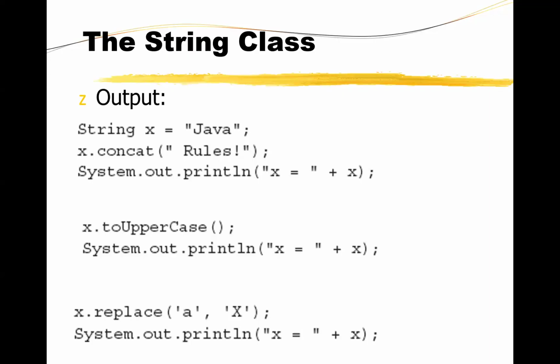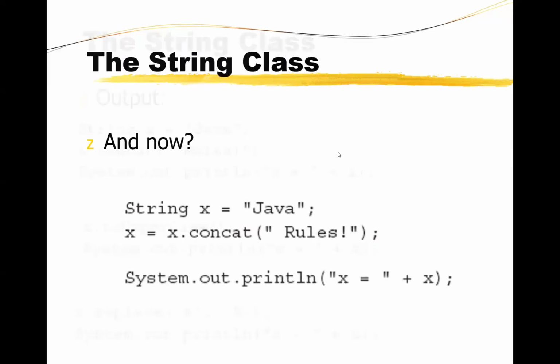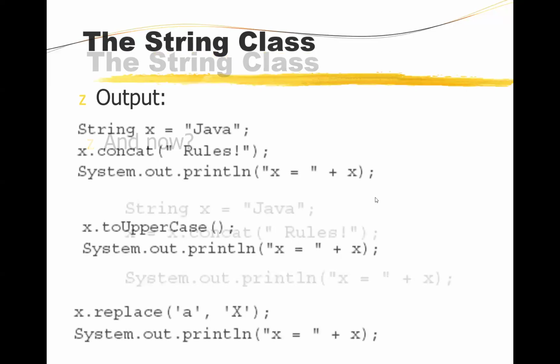No change. It will only print Java. Why? Because it is not updating the reference. By the second line, it will create a new object called Java rules. By the third, it would create a new object in all capitals, JAVA RULES. And then again it will create another object called JXVX RULES. But x still refers to Java because no reference was updated.